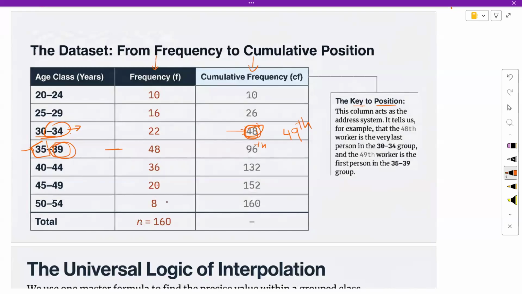What's the last person's age? 54. Yes, 54, good. The 49th worker is the first person in the 35-39 group, so that is 35.